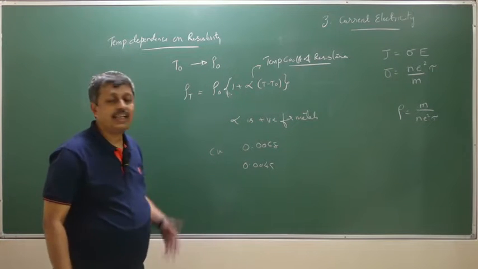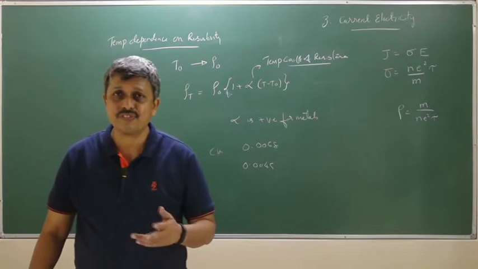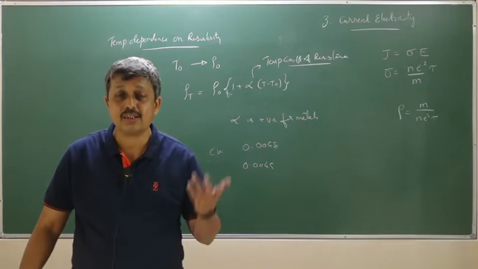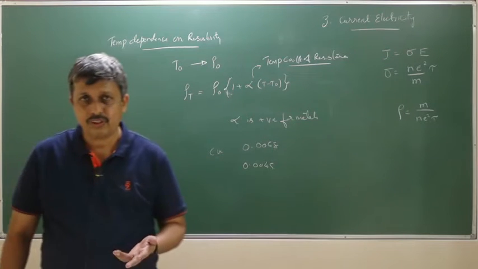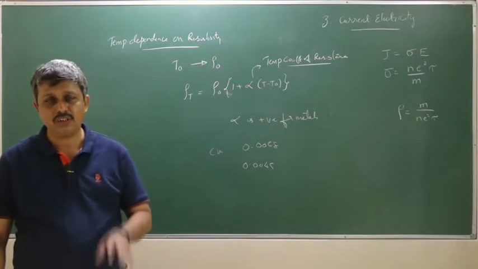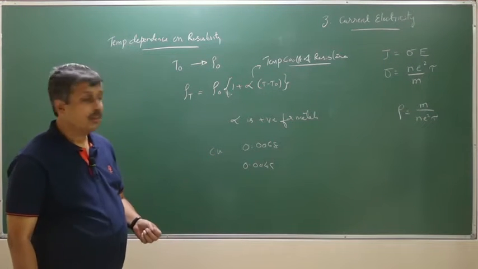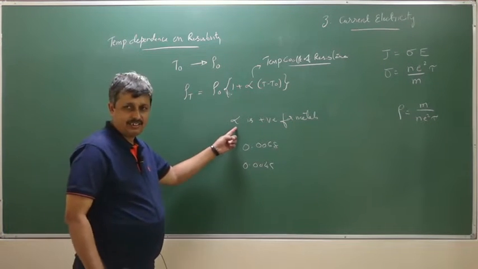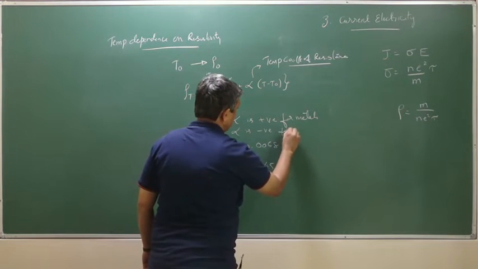So alpha is negative for certain materials, called thermistors or semiconductors. For semiconductors, alpha is negative. There are very serious reasons for that, which we will not discuss too much, but alpha is negative for semiconductors and positive for metals.